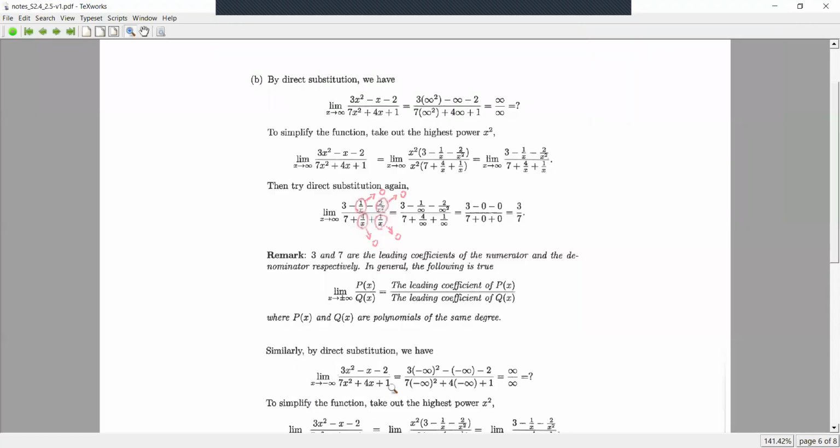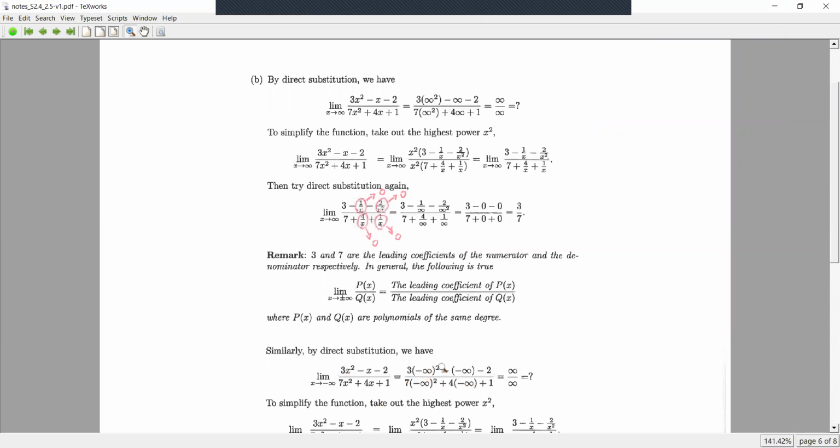Similarly, to determine this limit, a limit at negative infinity, by direct substitution, plug in infinity in x, then we have this equation. But what is this quotient? From the table in part A, as x approaches negative infinity, the numerator approaches positive infinity, and the denominator also approaches positive infinity.